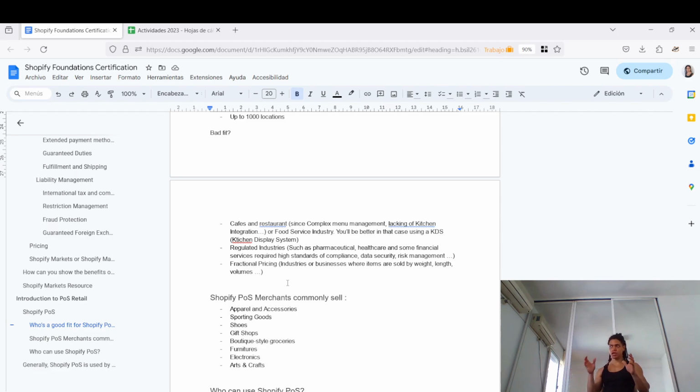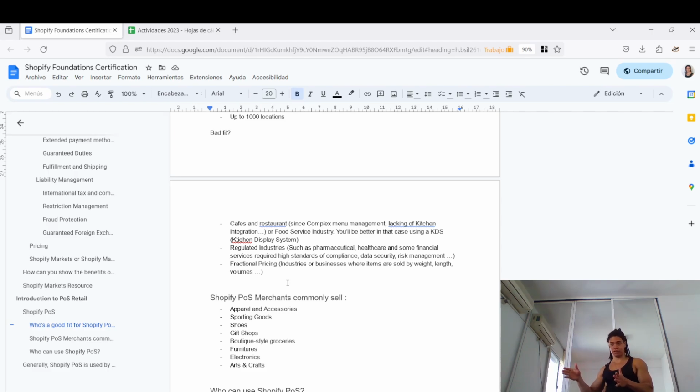So in any case, retailers up to 1,000 locations, Shopify POS is a good fit for them. This is not good for restaurants or cafes because of complex menu management, as well as they don't provide kitchen integration systems such as KDS, kitchen display systems, among other features.